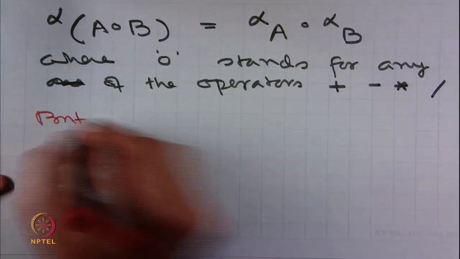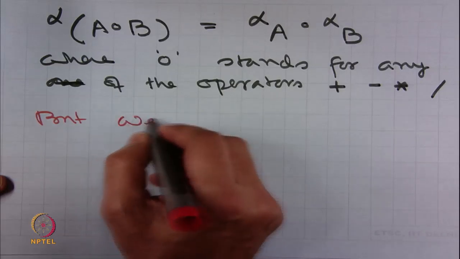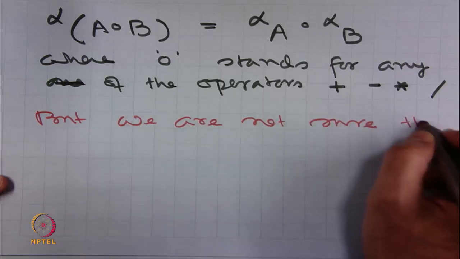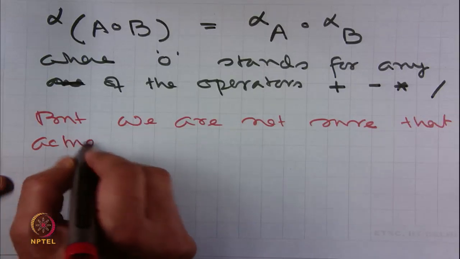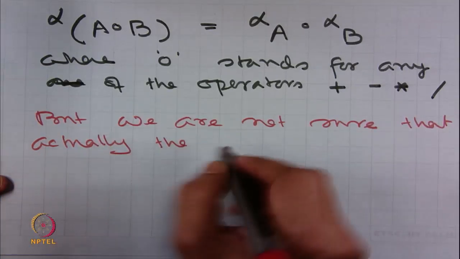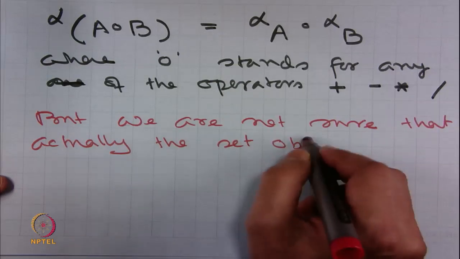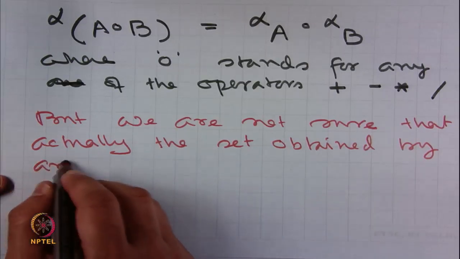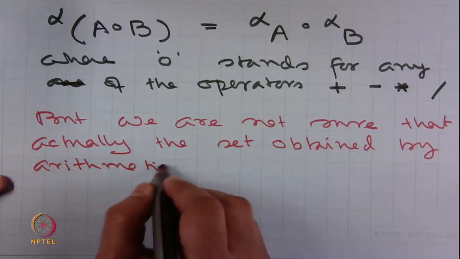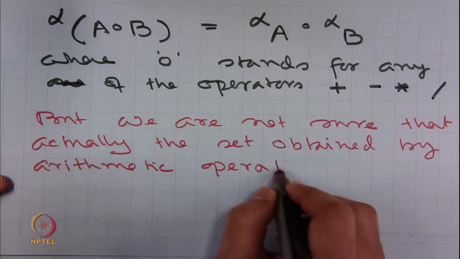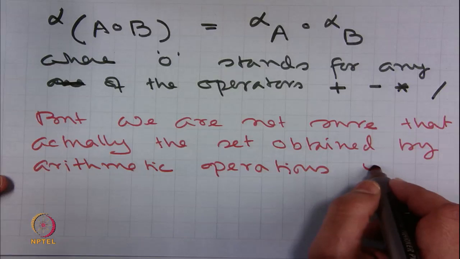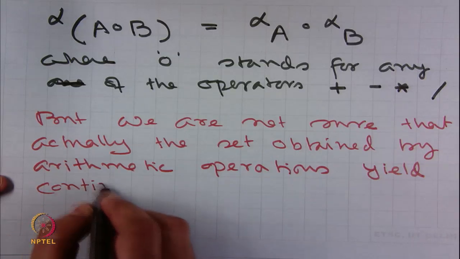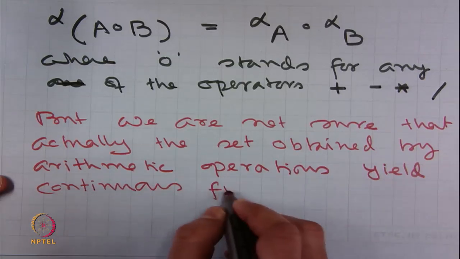But we are not sure that actually the set obtained by arithmetic operations yields continuous fuzzy numbers.